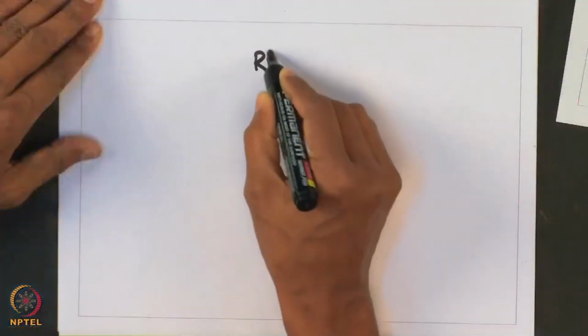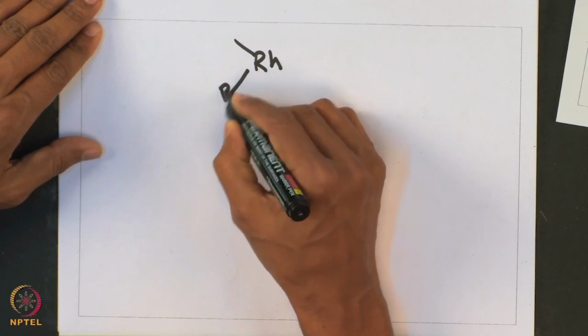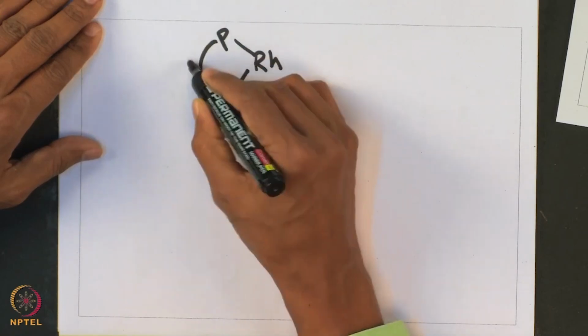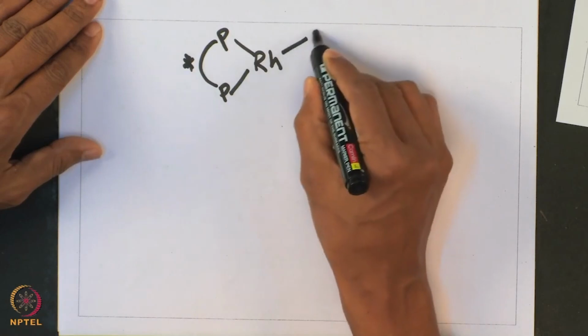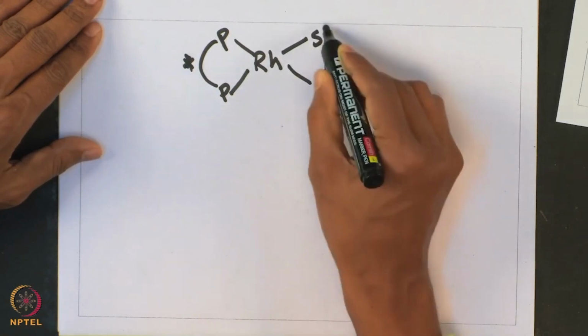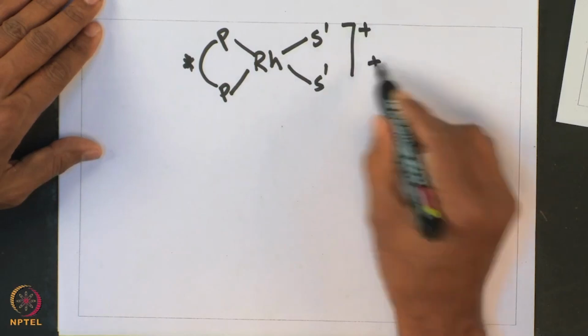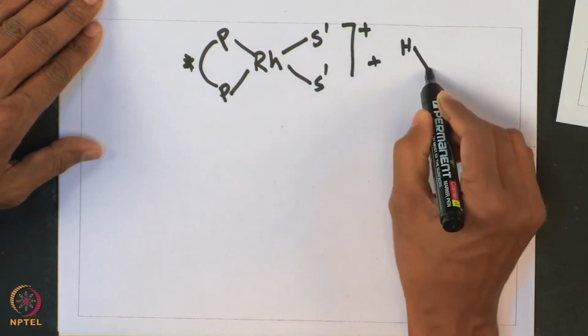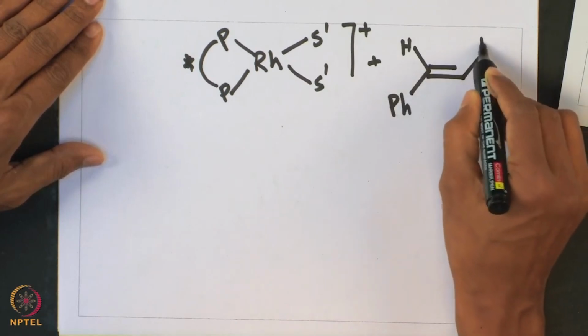Okay. Now, we are going to draw a catalytic cycle or semi-catalytic cycle. We are assuming that the phosphine ligand is rhodium PP and we are giving a star over there, and we are going to have, let us say, initially a solvent coordinated species, which is usually the case, and we are going to take the substrate which we discussed in the last slide.